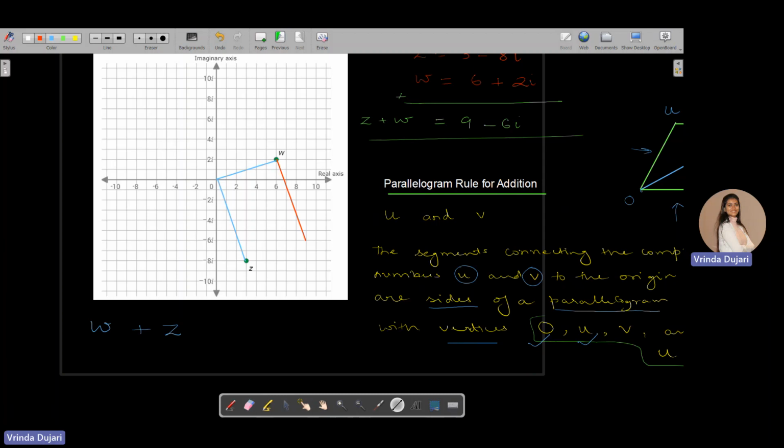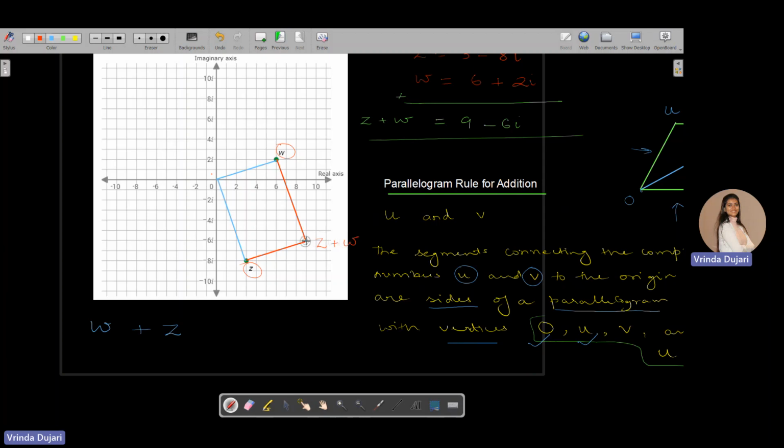Yeah, this looks like a line parallel to this line and connected from here as well. So now we have completed the parallelogram. And so this is your first vertex, your second vertex, your third vertex, and this is the fourth vertex. And this is nothing but z plus w.